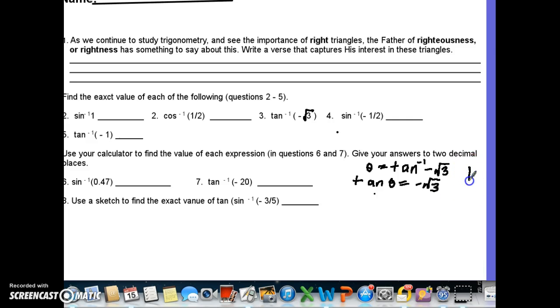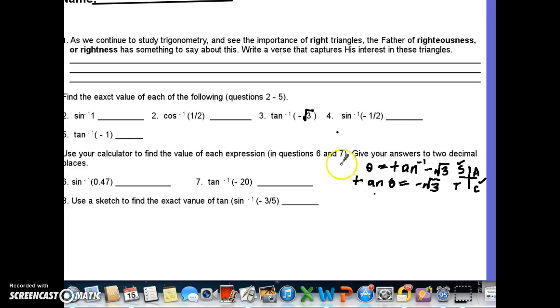If we draw our quadrants over here, we know they're all positive here, sine is positive here, tan here, and cosine here. So for tan to be negative, we're going to be looking at the second quadrant or the fourth quadrant. All right, so let's take the angle in the second quadrant.